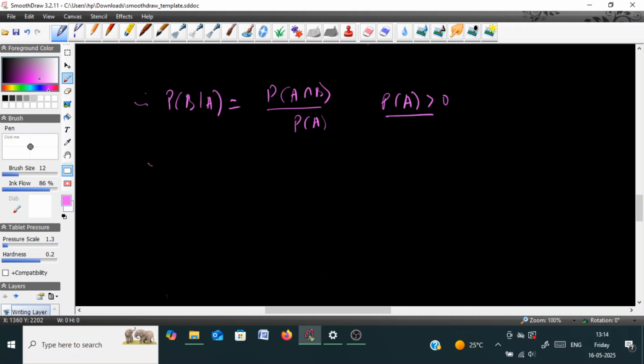Using a similar argument, you can define that probability of A given B is equal to probability of A intersection B divided by probability of B.